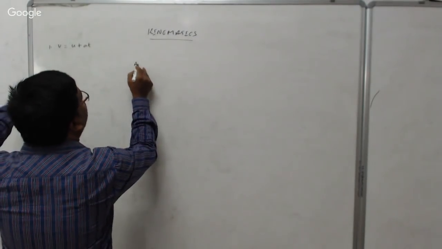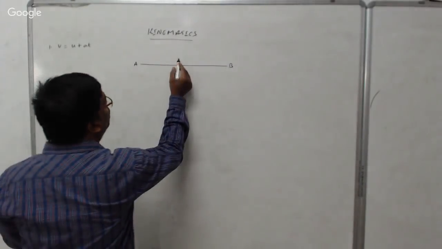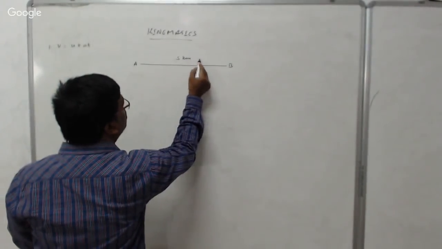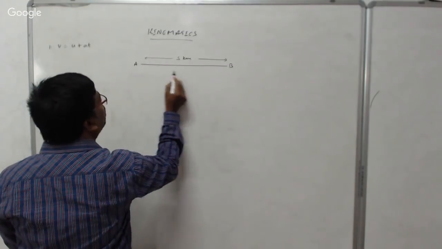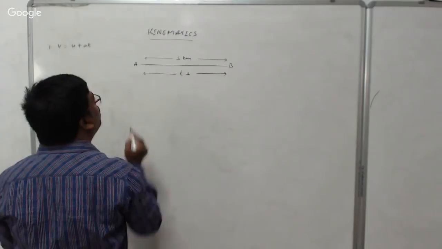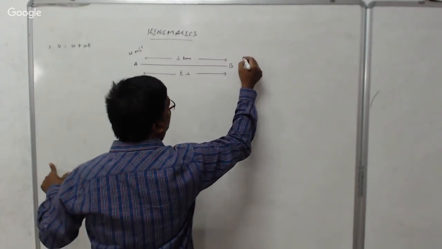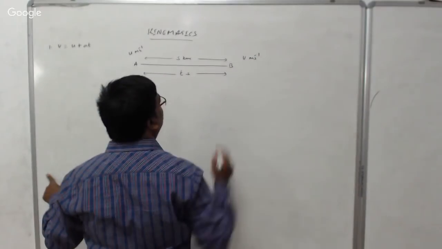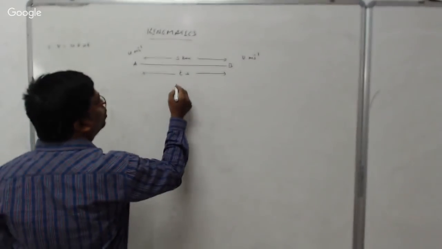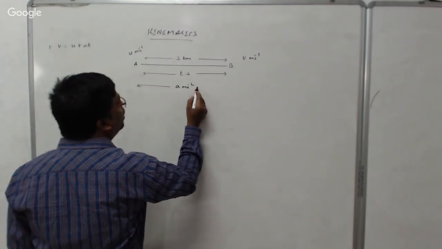Now draw A to B. Let S be the distance from A to B. It takes a time t seconds to travel. Let U be the initial velocity and V be the final velocity. Now, the body is said to be traveling with uniform acceleration.